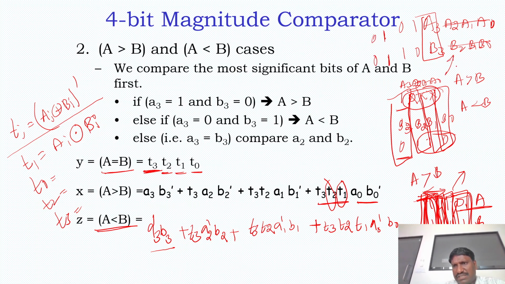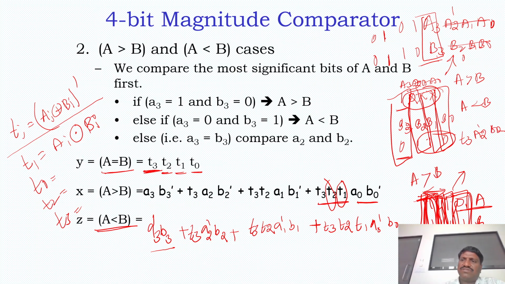Then we look at this. If A2 is 1, B2 is 0, and A3 B3 equal, T3, then A2 B2 bar.